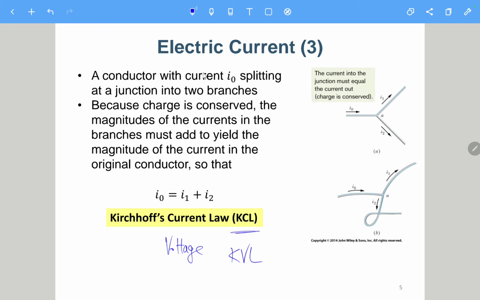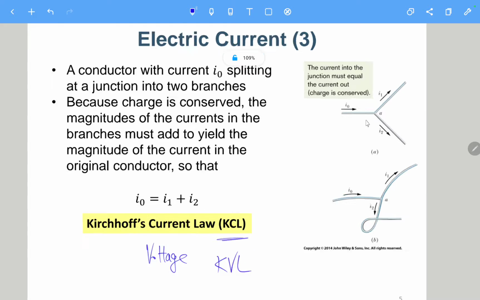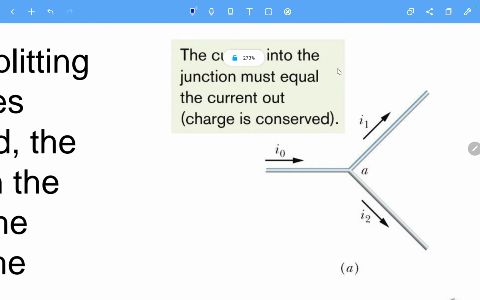So here is a duality. Here we have several lines, this is 1, 2, 3, connecting at this point. Suppose these are the currents I0, I1 and I2.